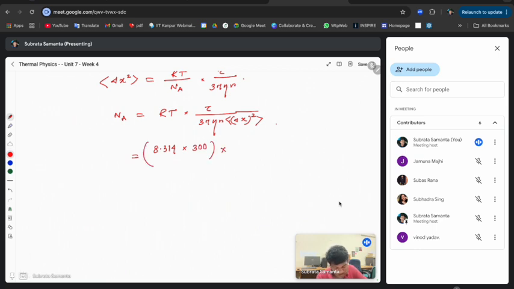Times, what is the value of tau? It's 2 seconds, right? And 3 times the value of pi, 3.14.